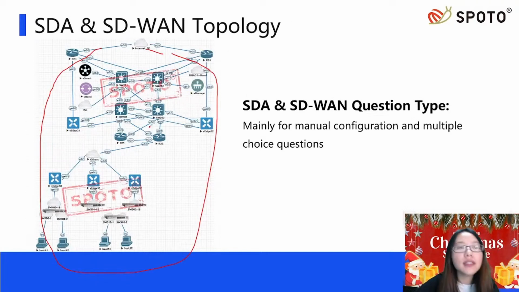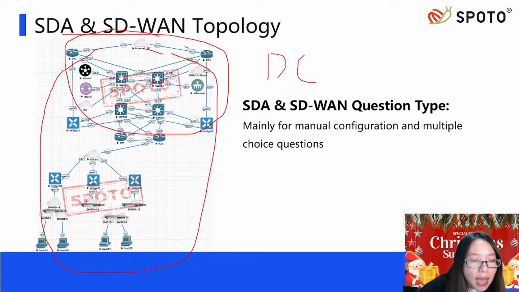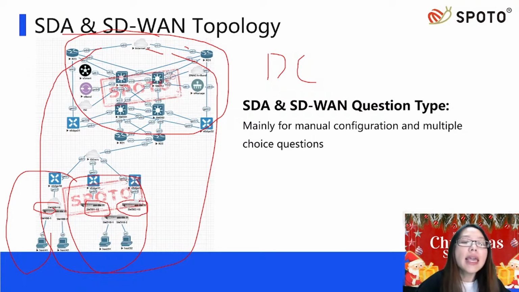So we need to know the topology. These are our traditional network DC, and these are our branch 1 and branch 2. There are three switches: 400, 401 and 402.